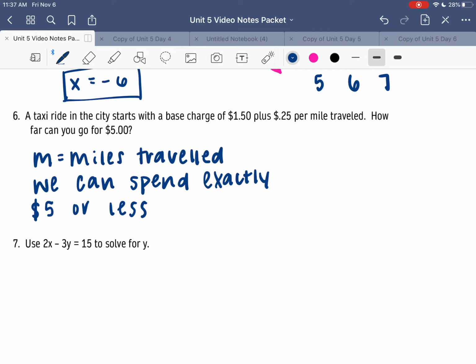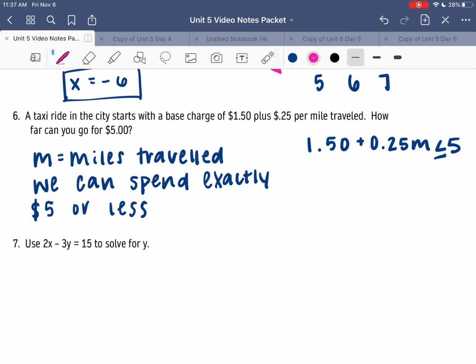So in writing my equation, the base charge was $1.50, so 1.50. And then it's an additional 25 cents, so 0.25 per mile, so M. And we want to spend less than or equal to $5. So we're going to solve this just like we did the rest of the inequalities. This is a two-step.